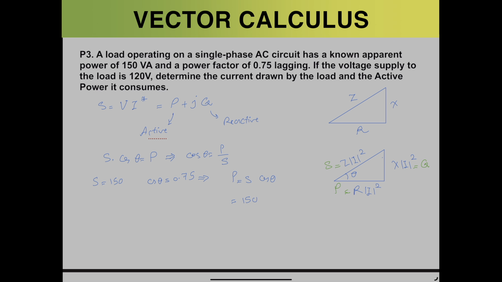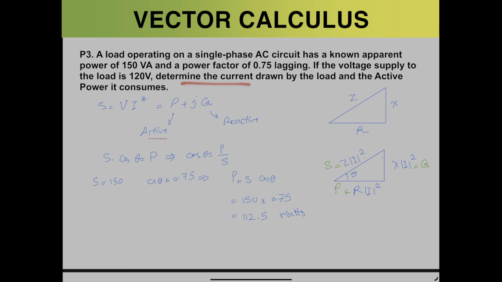So 150 times 0.75 simplifies to 112.5 watts. This is the active power that the question asked for, the active power it consumes.